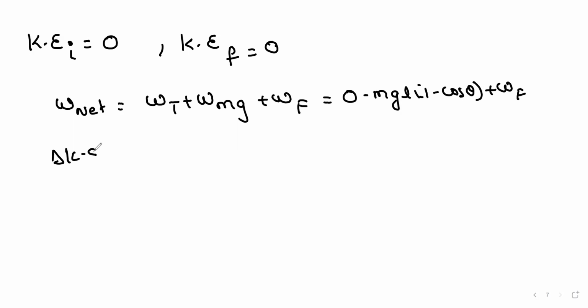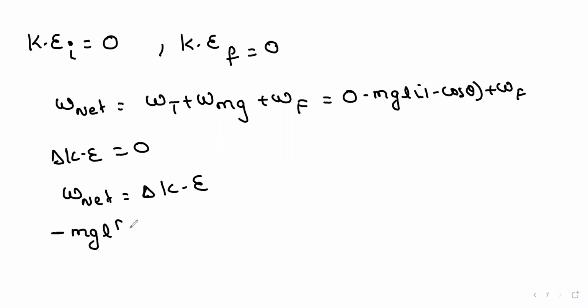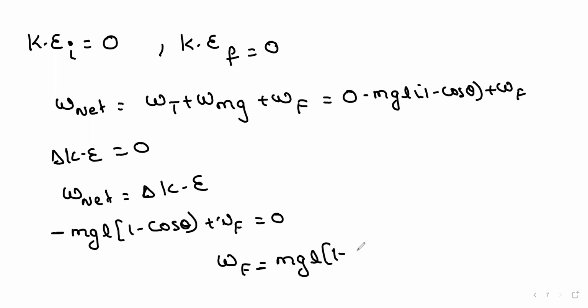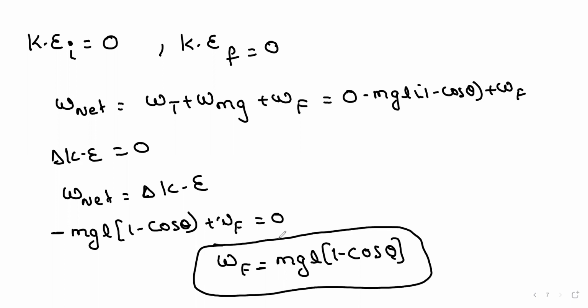The change in kinetic energy is 0, so W net equals the change in kinetic energy: minus mgL into 1 minus cos theta plus WF is equal to 0. So WF is mgL into 1 minus cos theta. Is it clear? This is also the work done by force F.